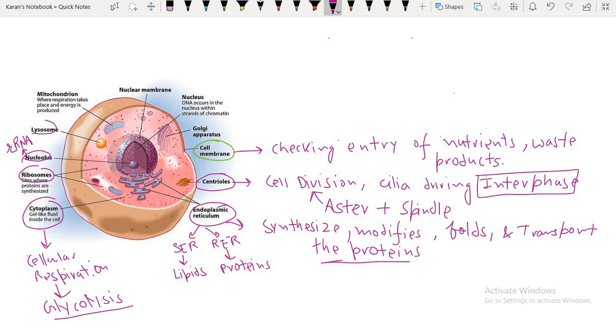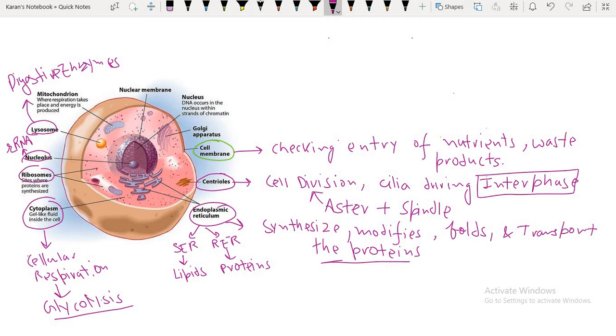Then the next structure is lysosome. Lysosome, as you all know, is the suicidal bag of the cell, and it contains digestive enzymes. Digestive enzymes are very important, and they help in breakdown of the excess worn out cells in the body, right?